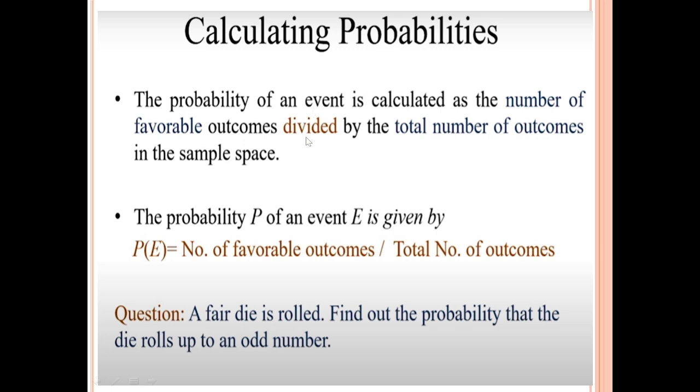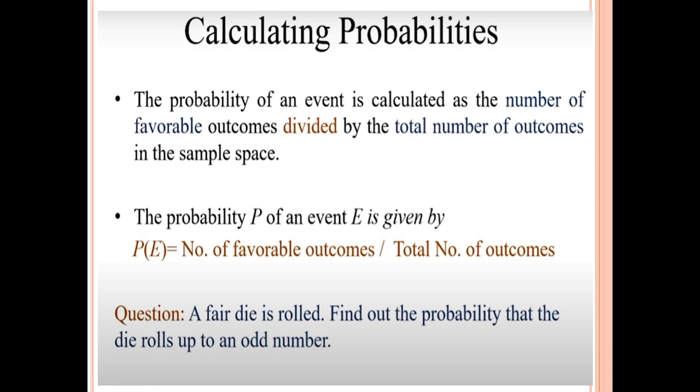The probability of an event is calculated by the number of favorable outcomes divided by the total number of outcomes in the sample space. Suppose the probability P of an event E is given by P equal to number of favorable outcomes by total number of outcomes.